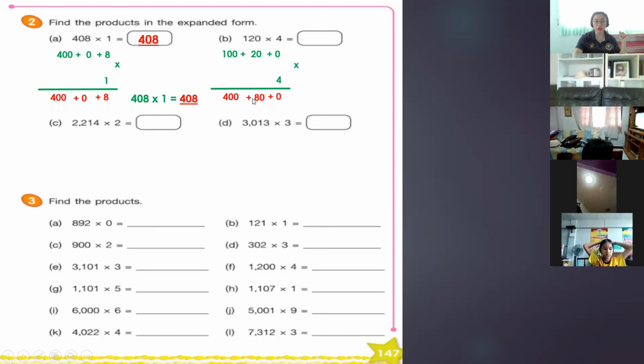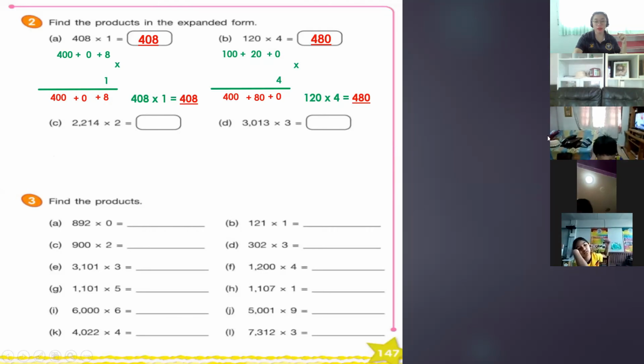Again, we add this together to get the product. 400 plus 80 is 480. 480 plus 0 is 480. So the product of 120 multiplied by 4 is 480.